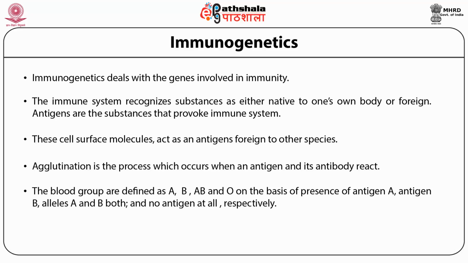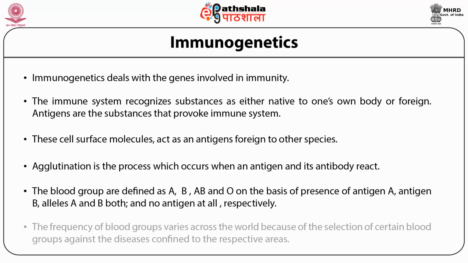The development of this field not only helped blood transfusion but was also useful for population genetics. The frequency of blood groups varies across the world because of the selection of certain blood groups against diseases confined to the respective areas.